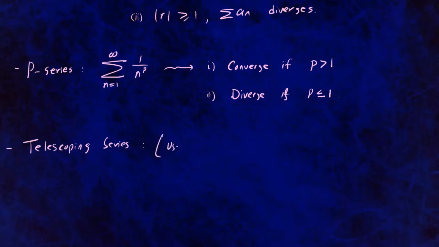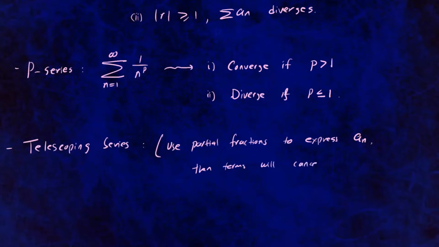So often you use partial fractions to express your formula for an, and then terms will cancel out. And then you also get a formula for the nth partial sum.